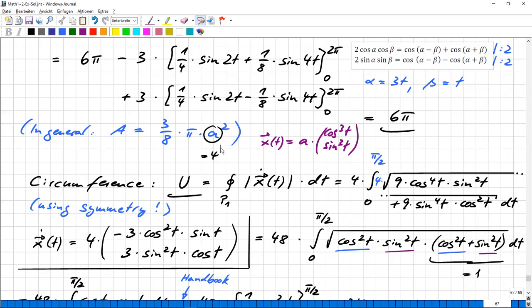You will find 4 squared equals 16, then shorten 16/8 equals 2. So 2 times 3, which is 6, and in the end it equals 6 times pi. So our result is correct. This is the more general result for different scalings. It's just nice to know that we are consistent with information in books.